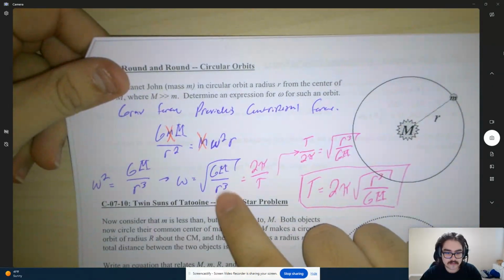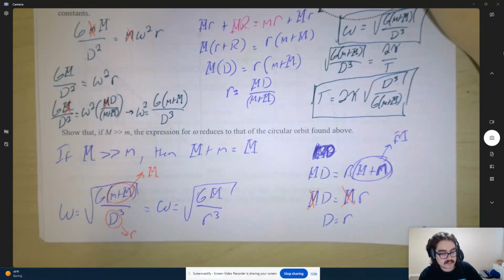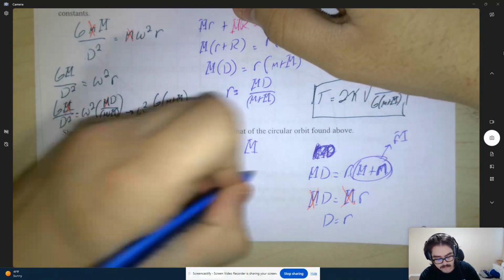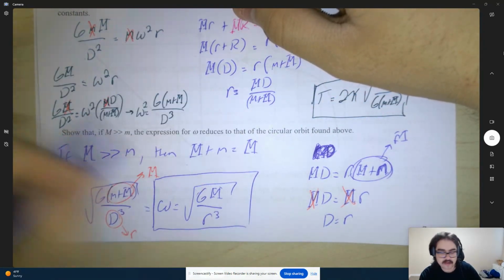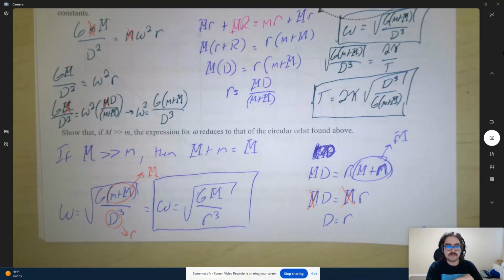That's exactly what we got for the circular orbit example. So it's the exact same thing if big M is way bigger than little m, which you cannot reasonably assume unless it's told to you in the problem. You don't want to make an assumption like that. All right, that's the binary star problem.